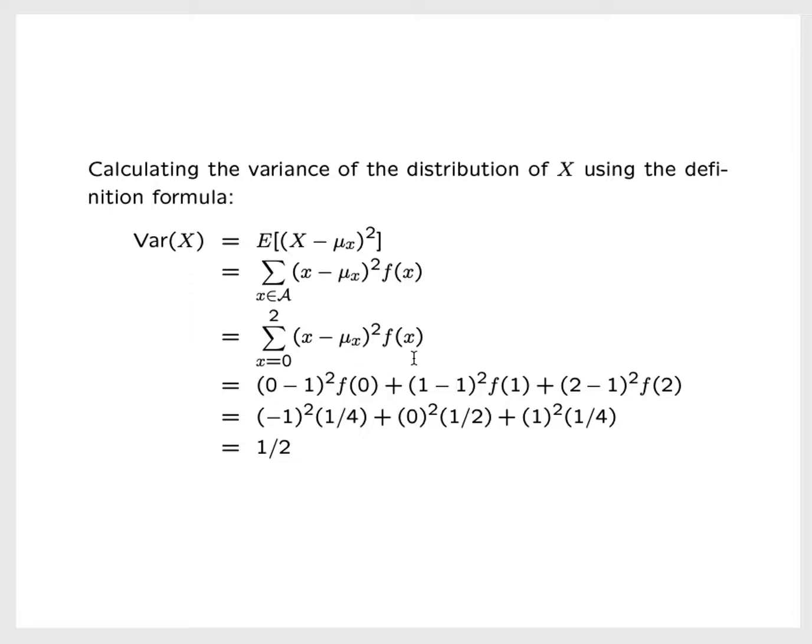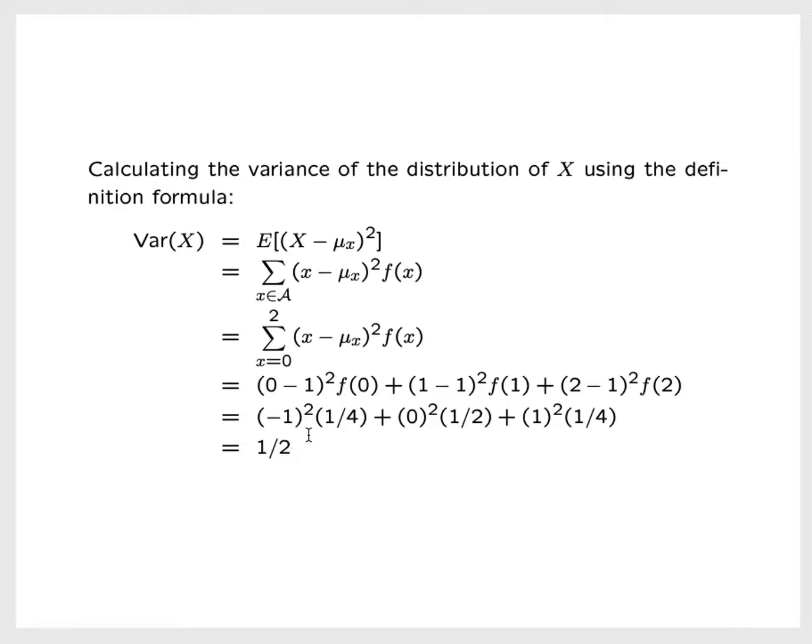And I'm going to use the definition formula here. This is a simple enough example where the definition formula is straightforward to use. And so this would be equal to 0 minus 1 quantity squared times f at 0, plus 1 minus 1 quantity squared times f at 1, plus 2 minus 1 quantity squared times f at 2.